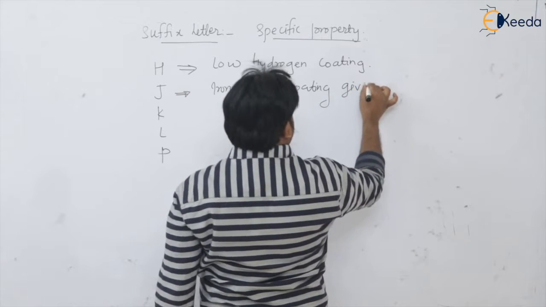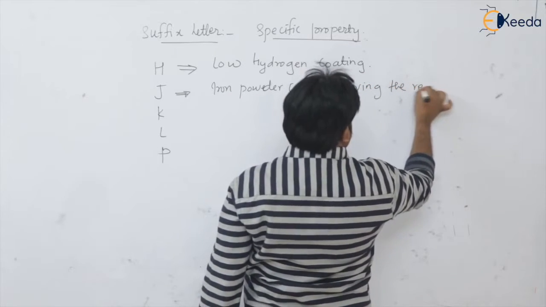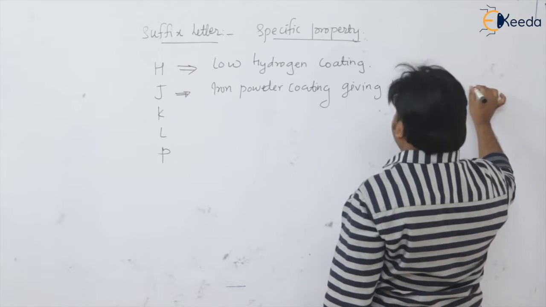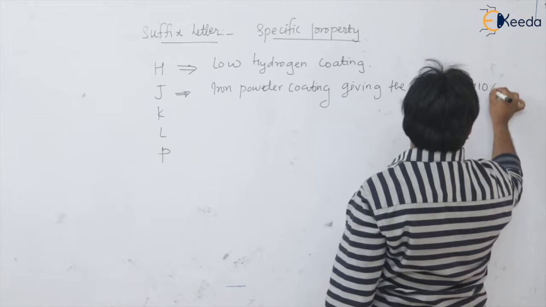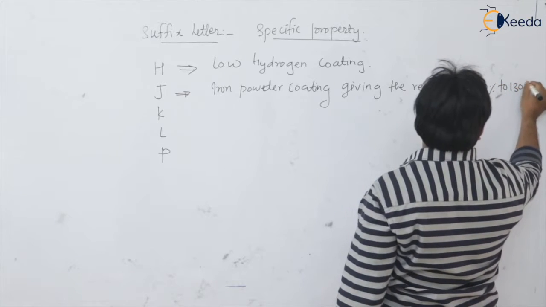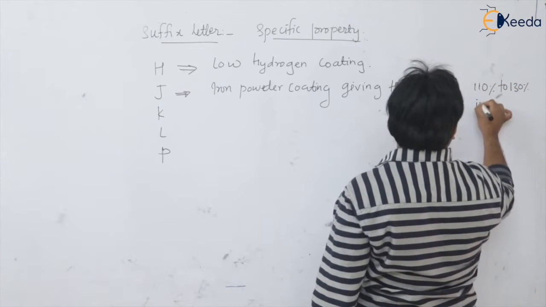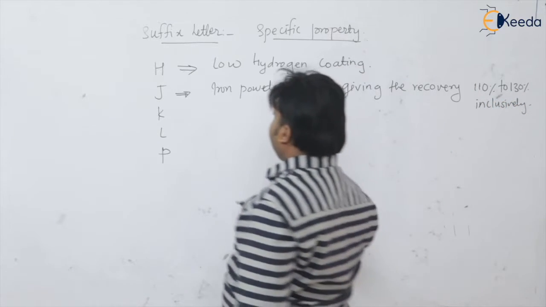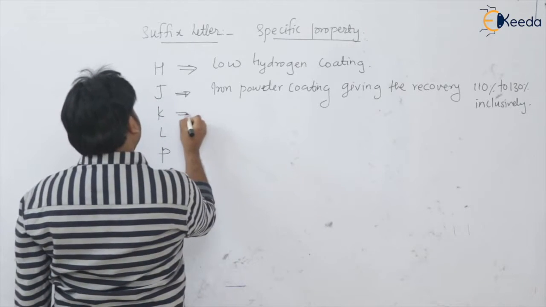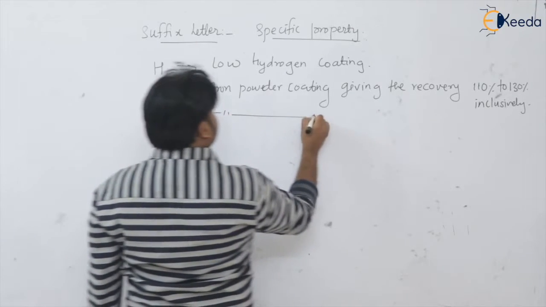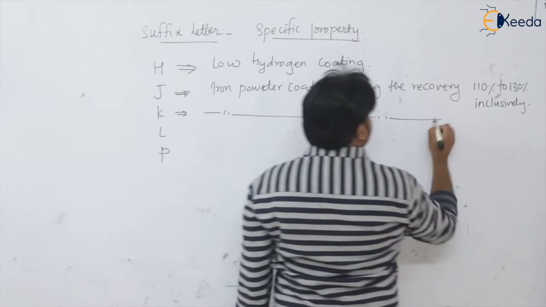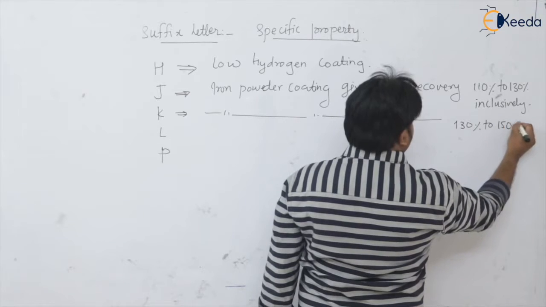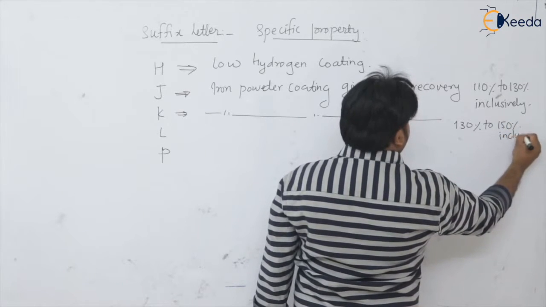giving a recovery from 110% to 130% inclusively. Then we have the suffix K, which is the same iron powder coating, giving a recovery from 130% to 150% inclusively.